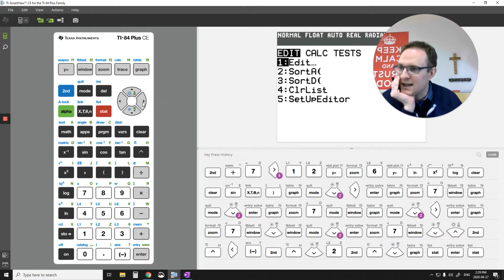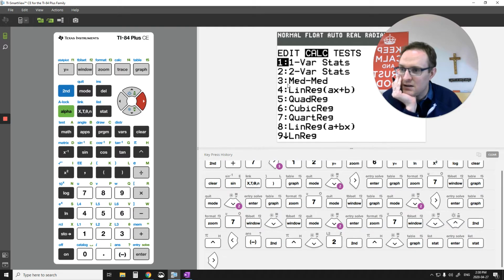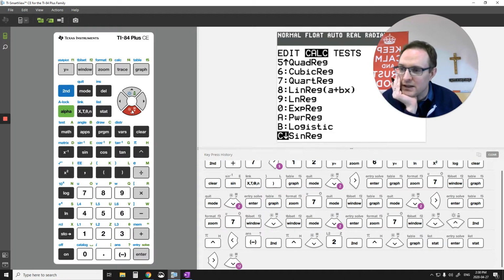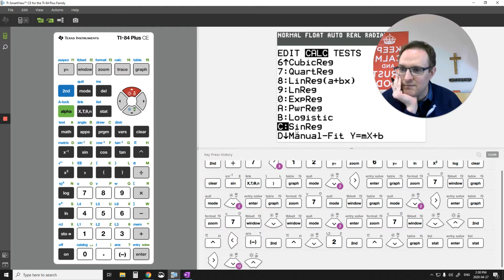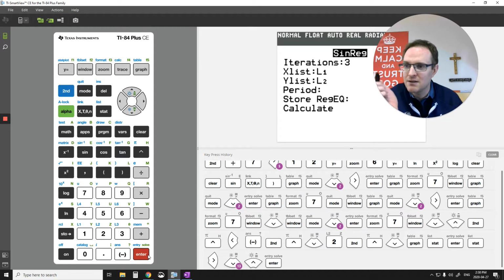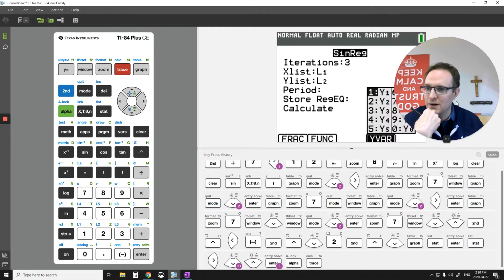And when you go stat, calculate, you're going to scroll down. I'm going to do everything by Desmos, but if you do it by your calculator, you want to go down to sine regression, C here. You're going to hit that button. Again, remember you could store the equation in here, so you can go under vars or second trace and put y1 in that spot.